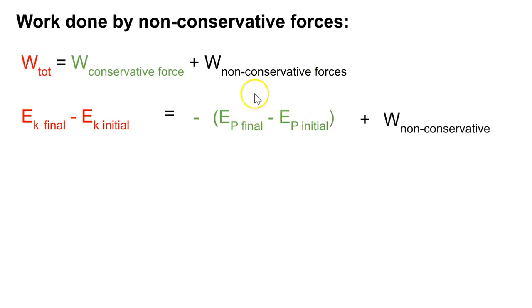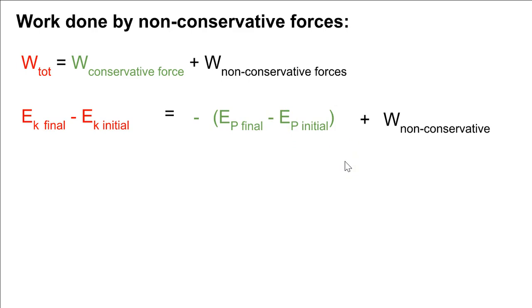And we can just say for that the work done by the conservative force is just the work done by the conservative force. I just wanted to explain where I get this equation from. My total work done is equal to the work done by the conservative forces and the non-conservative forces. But the total work done is the change in kinetic energy. And the work done by the conservative forces is minus the change in potential energy. Okay, so that's for the 2 substitutions.